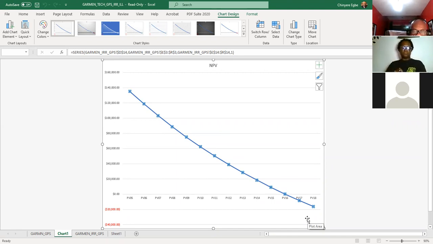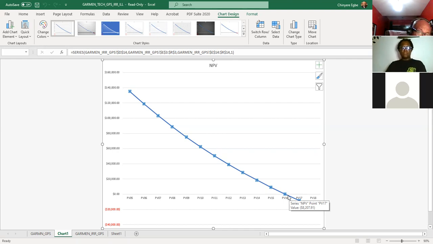When you plot the chart, you can see that as your rate of interest goes up, as your cost of capital goes up, then your NPV is declining, until you get where it crosses 0.0, and that is your IRR. So that's how you determine IRR using a graph.